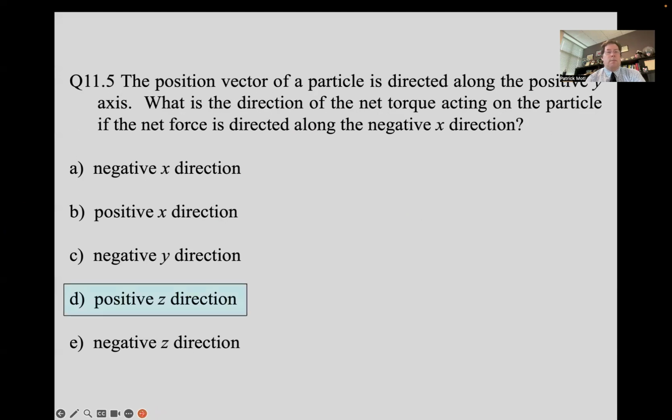All right, so that gives you a torque that points along the positive z direction. So let's try to draw out a right-handed coordinate system. So I've got a positive x-axis, positive y-axis, and then in a right-handed coordinate system, z is pointing up.